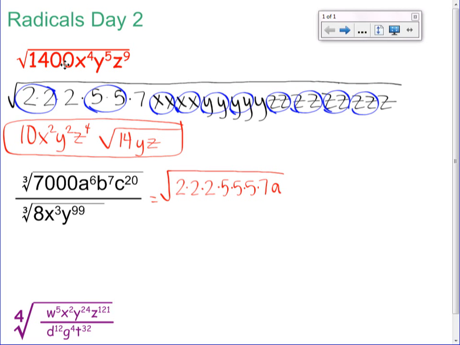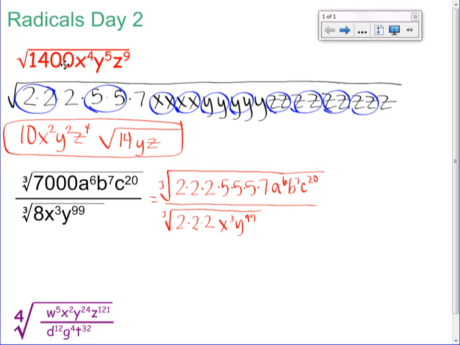And then all I'm going to do is recopy each of these, but I'm not going to write out all the letters. Then we'll do the same thing down here.